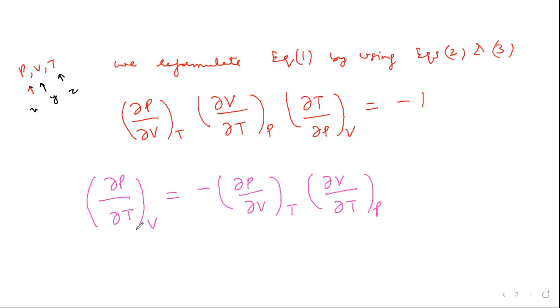I have written dou P by dou T at constant V equal to minus times dou P by dou V at constant T times dou V by dou T at constant P.